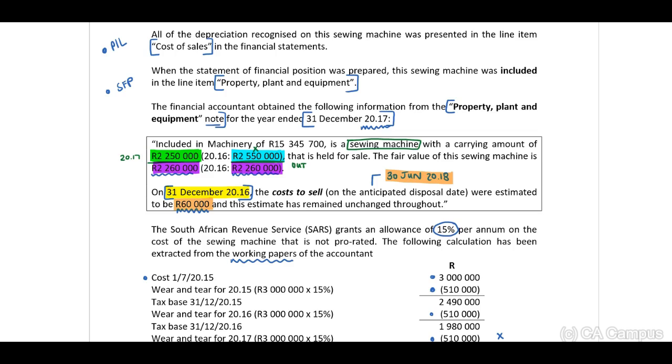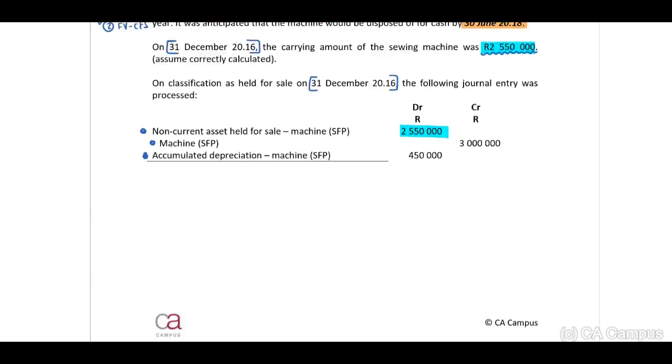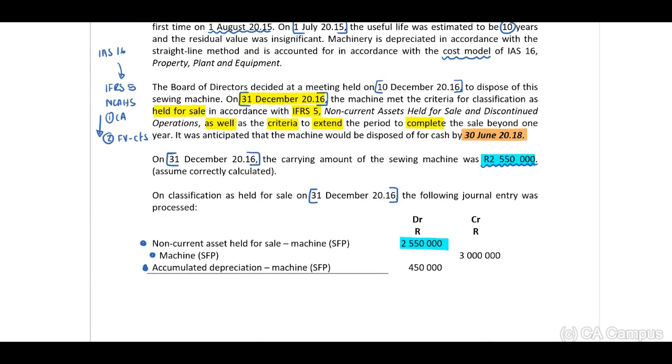But a very important thing that I have to identify, the costs to sell, guys, is this 60,000. But we need to determine the present value. Why? Clues. Clue number 1. They've indicated to us that it was anticipated that the machine would be disposed of for cash by 30 June 20.18.